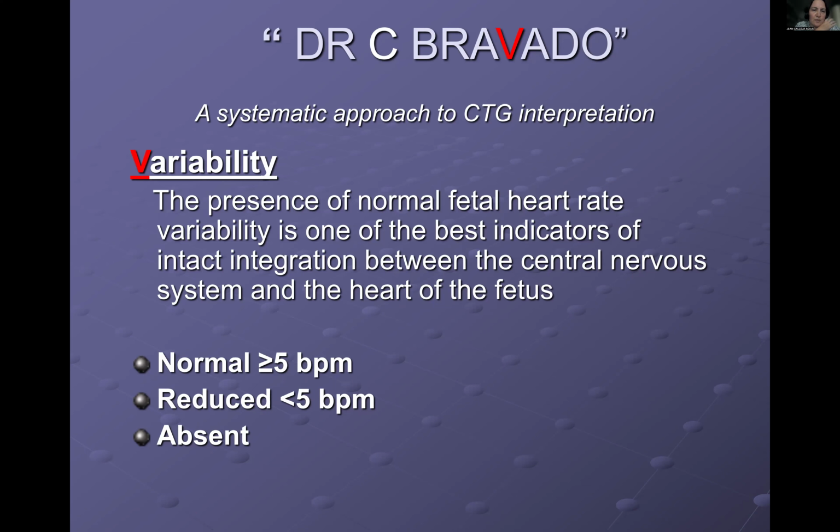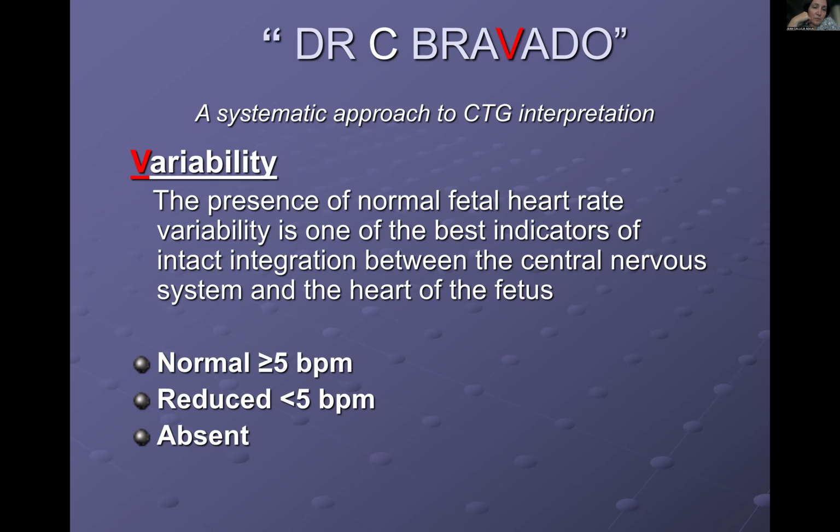It's important that you don't confuse variability with acceleration, and there's a marked difference. As we'll see, with accelerations, you need a rise of more than 15 beats per minute, and this persists for more than 15 seconds. Variability is literally the line of the CTG. It's wiggly all the time, right? And that wiggliness, that is your variability.